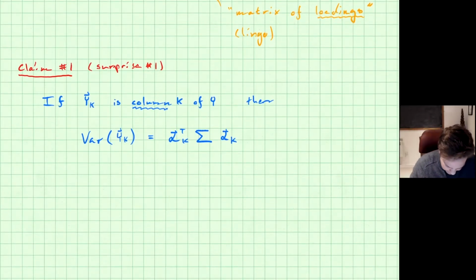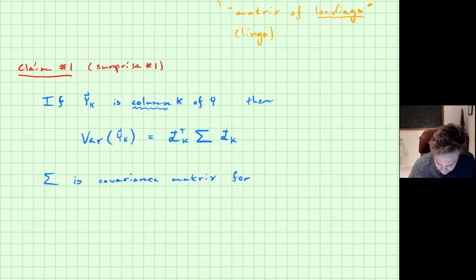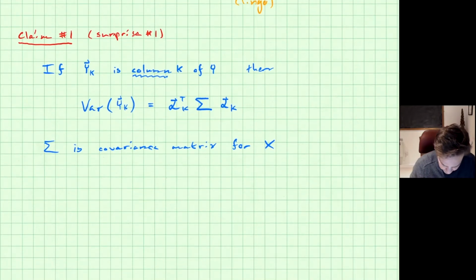Again, sigma here is the covariance matrix for X. We were calling this capital S before, as a hint that it was going to become sigma.